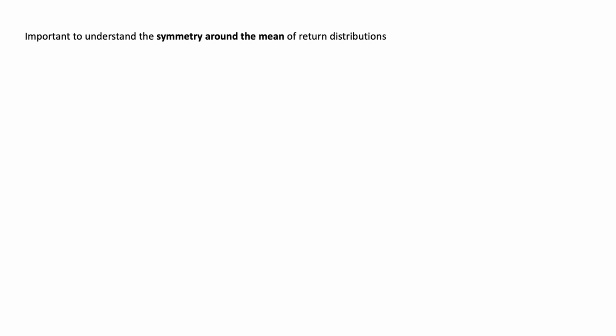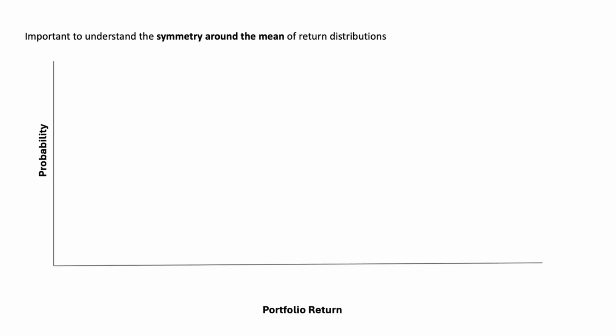As mentioned here, we want to understand the symmetry around the mean of return distributions. And so I could do that simply by plotting a graph where on my x-axis I have a portfolio return percentage, and on my y-axis I have the probability of it falling between a certain range, right? And so now there's a function, and this is called a normal distribution function.